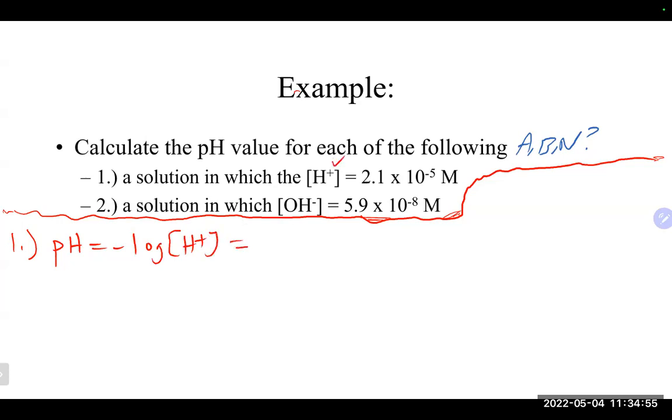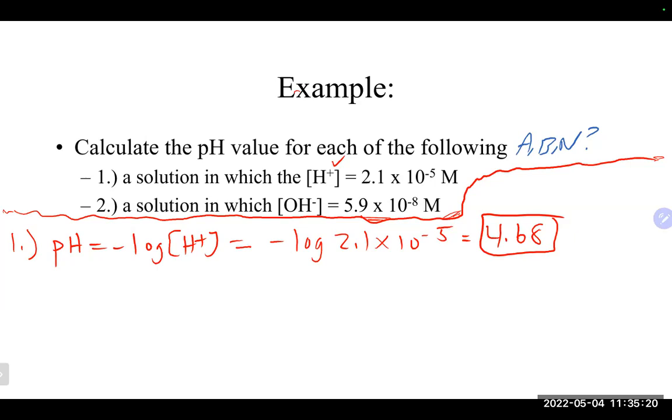So we could go right into there, minus the log of 2.1 times 10 to the minus 5. Making sure we punch it in correctly, use our exponent button. 4.68 will be the pH of this solution.